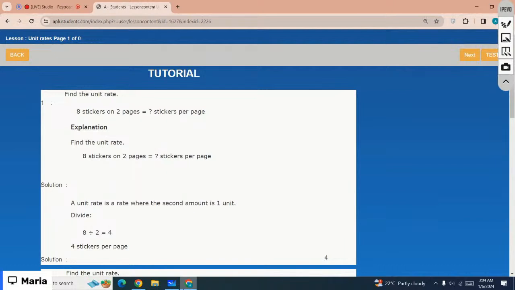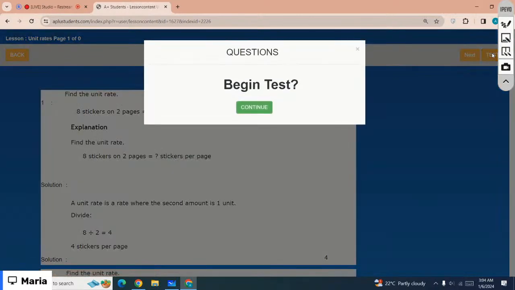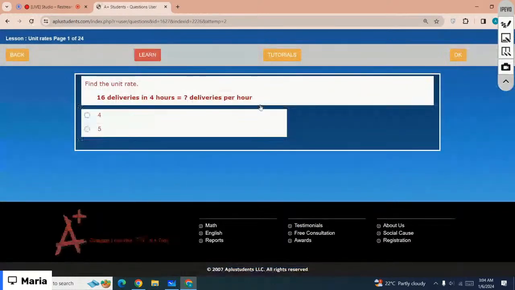Let's just start with the practice test questions. Okay, find the unit rate: 16 deliveries in 4 hours. You have to calculate deliveries per hour. How do you calculate? Basically, the 16 deliveries are in 4 hours, right?